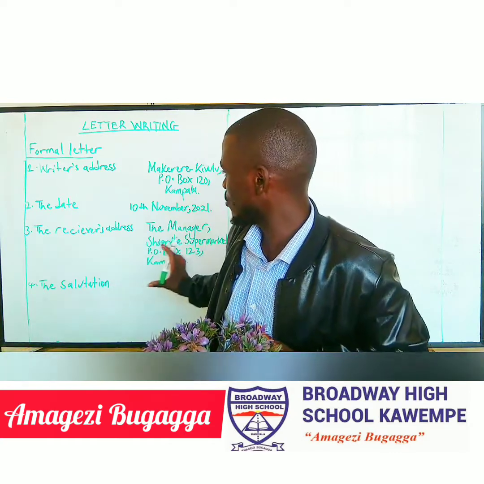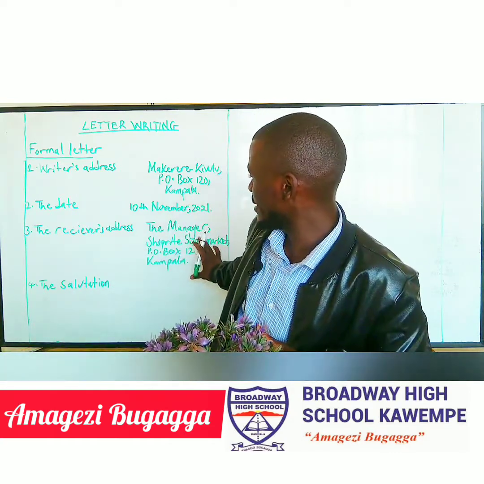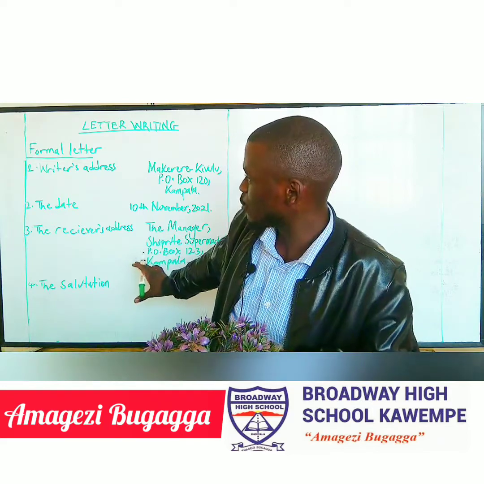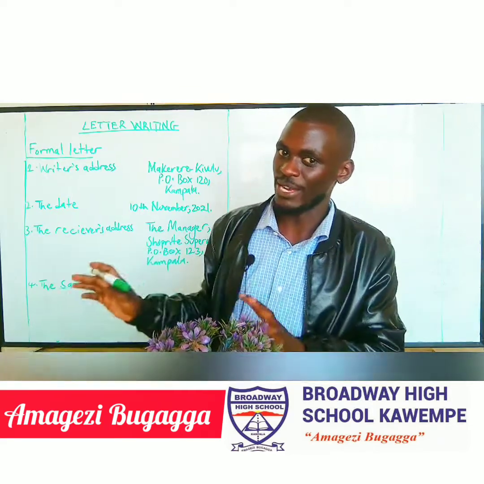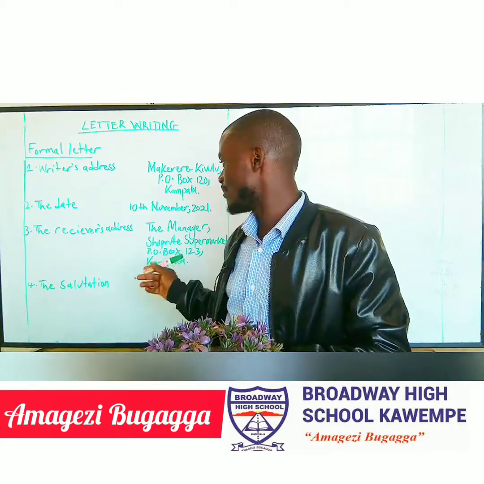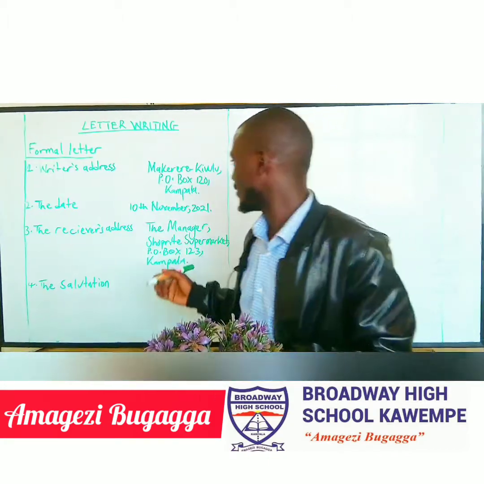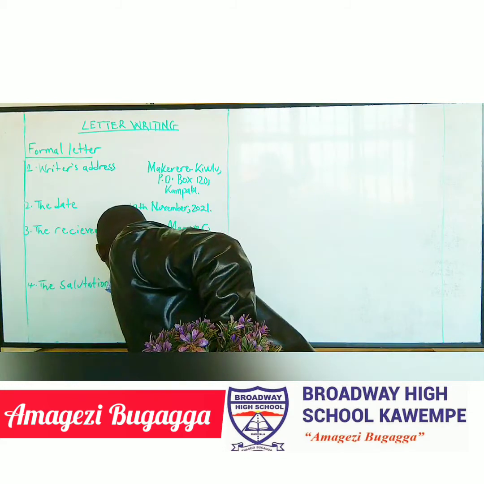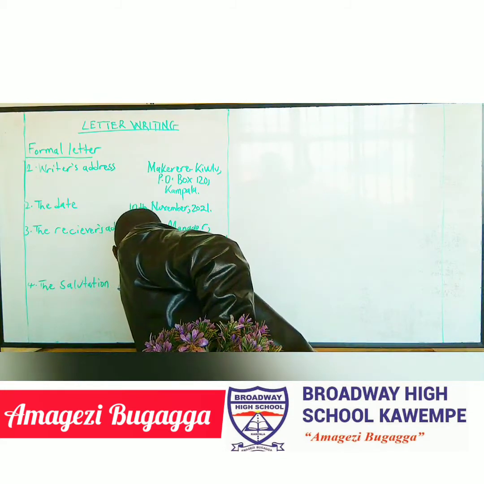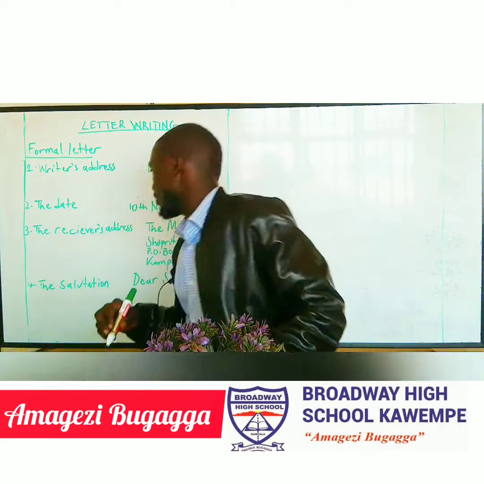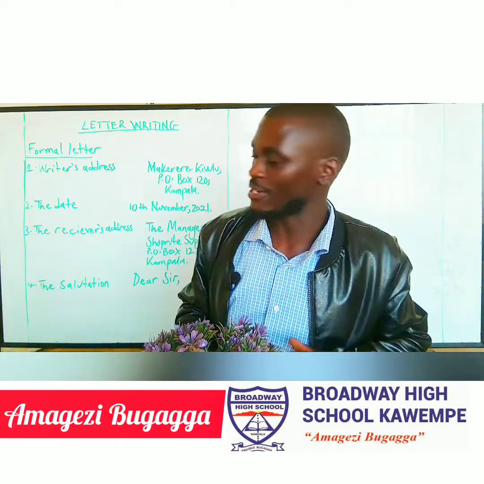Immediately after writing the receiver's address, we go to our salutation where we write dear sir or dear madam. That should always be followed by a comma. For example, we can say dear sir, followed by a comma. So that is the fourth item.